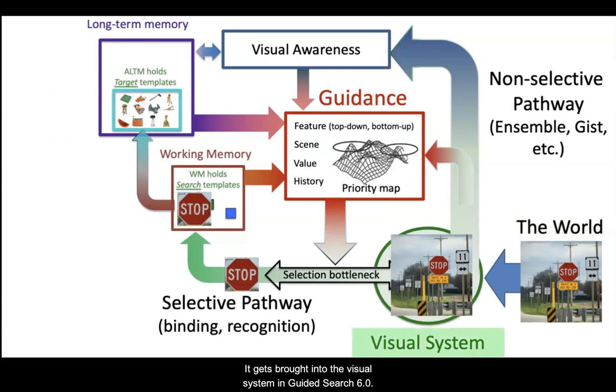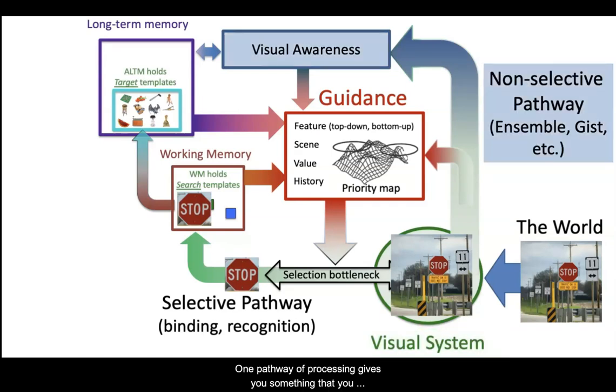So in summary, you've got a stimulus out there in the world somewhere. It gets brought into the visual system in Guided Search 6. One pathway of processing gives you something that you are aware of everywhere in the visual field. That will allow you to get ensemble information, gist information, and other similar global sorts of information.